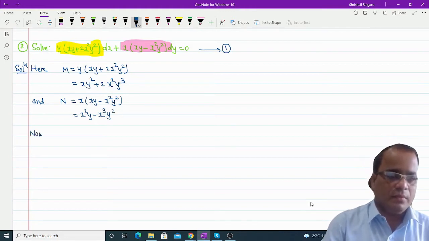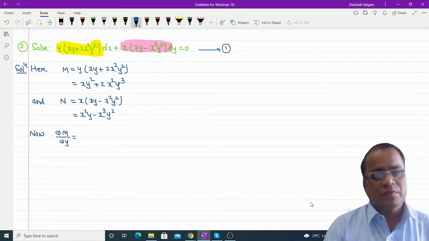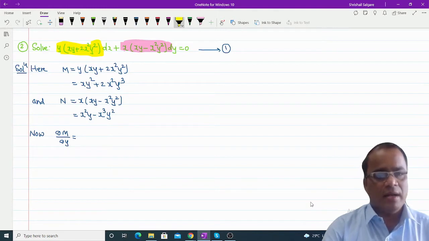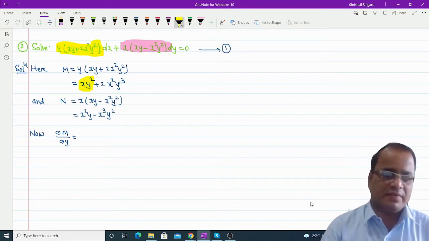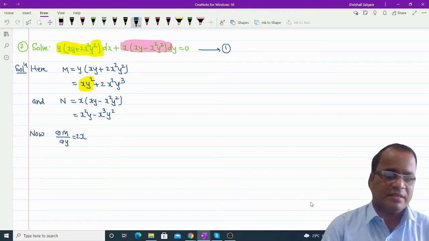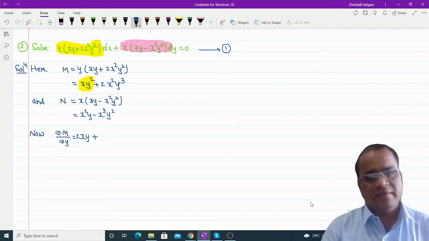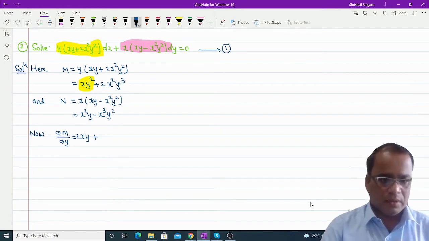Now, the partial derivative of M with respect to y, term by term. With respect to y, the derivative of the first term, I am highlighting that term, the derivative of xy square with respect to y: this x remains the same, the derivative of y square is 2y, is it right? Plus, anyone, the derivative of the second term? 6x square y square.